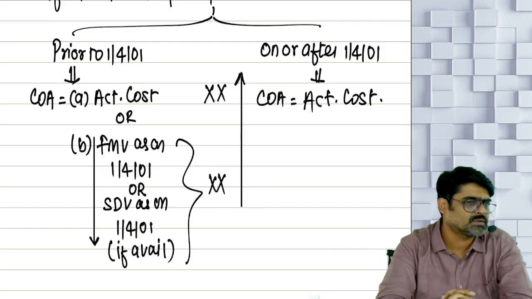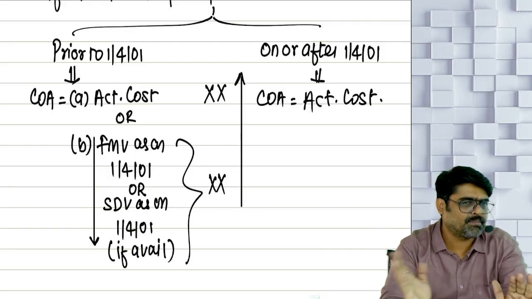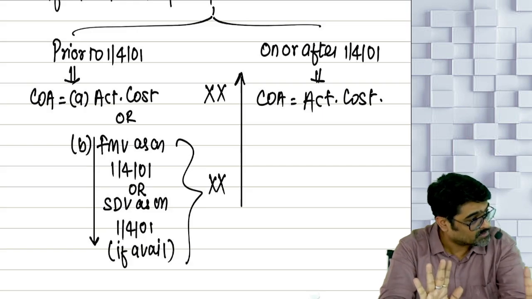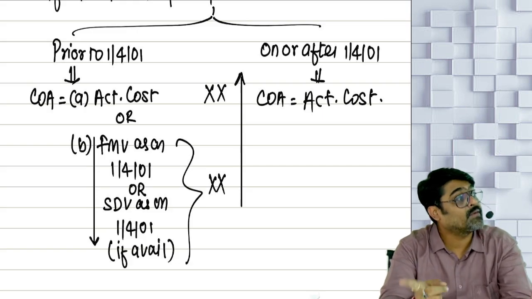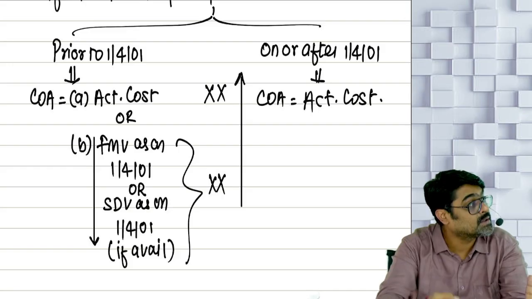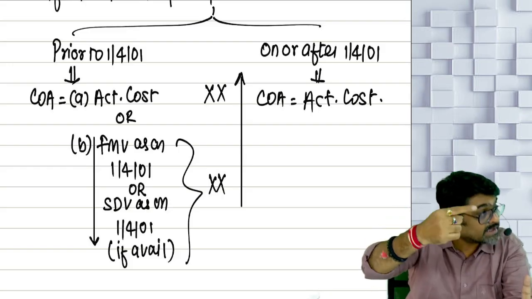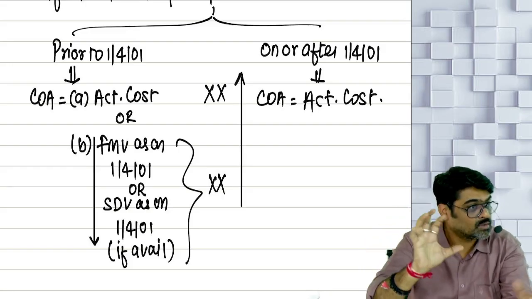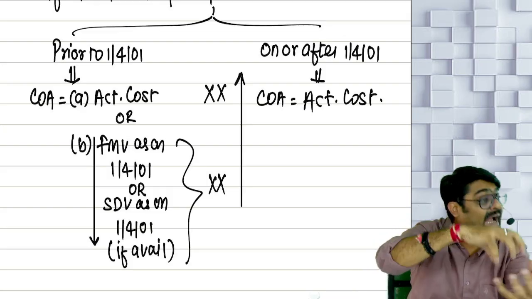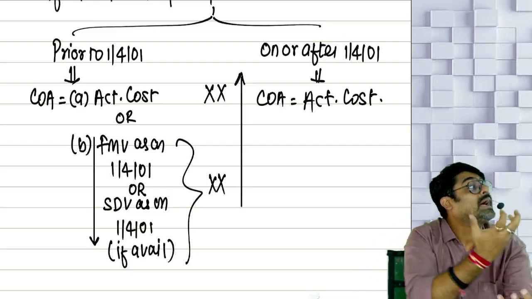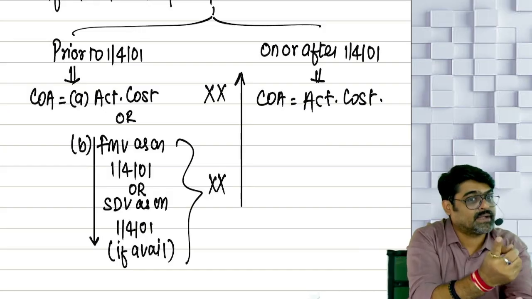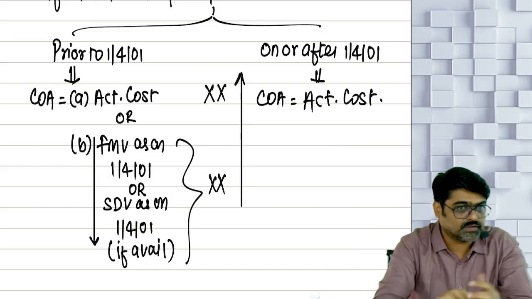What is actual cost? PP plus PRA: the purchase price of that asset, plus whatever expenses you have incurred at the time of purchase or acquisition of that asset. Those expenses will also be added to determine your actual cost, and that actual cost can be treated as your cost of acquisition.